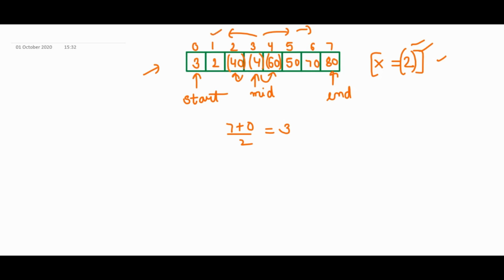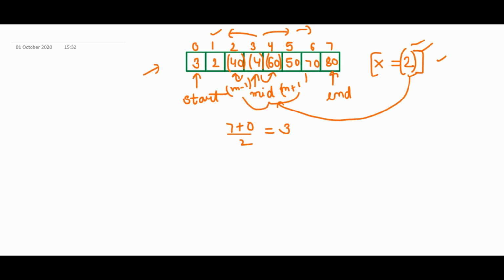Okay. So this is what we have to do. We have to check this element with the mid element, the mid plus 1th element, and the mid minus 1th element. If we get an element in any of these positions, we will return that index.